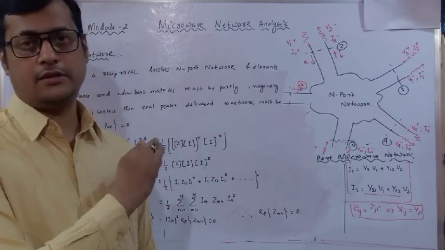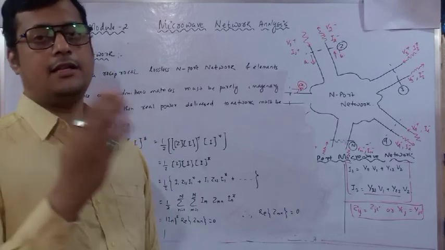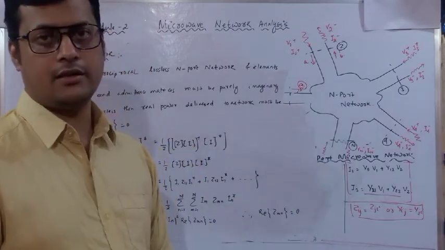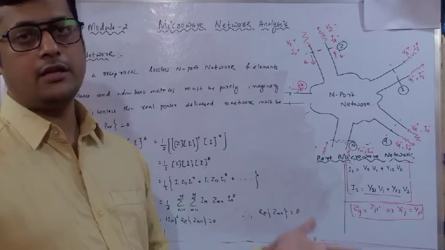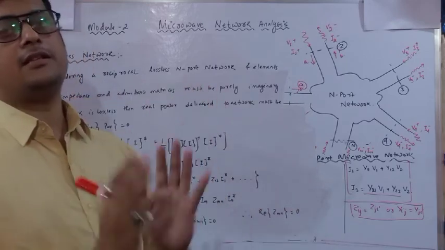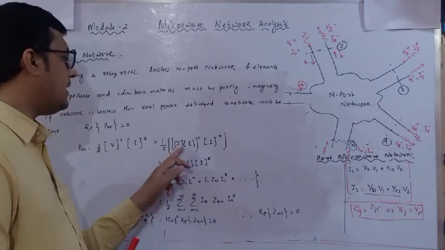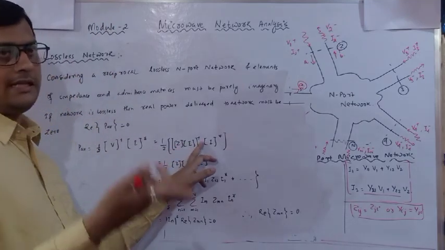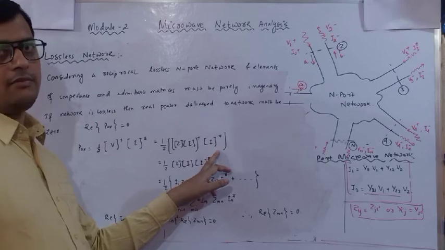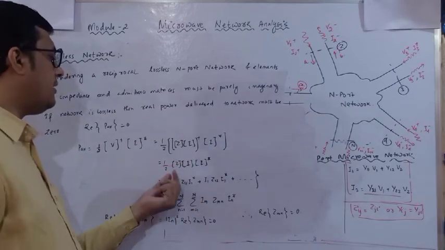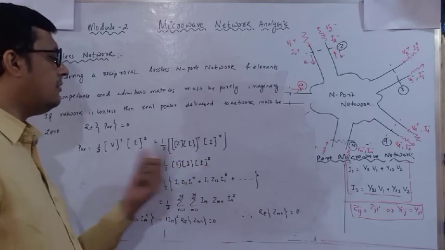So this V is the incident potential and I is the reflected current, according to what we have seen in the previous reciprocal. If you multiply incident potential with reflected current, maximum power is delivered, and it must be complex in nature, so real power must be 0. So here I have written Z into I plus, meaning incident, into complex conjugate, meaning reflected one. Now if you multiply and open it, you will get half Z into I star.